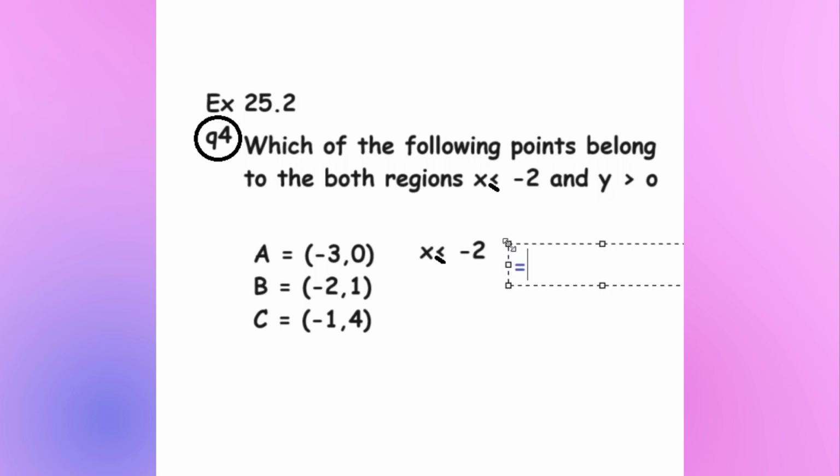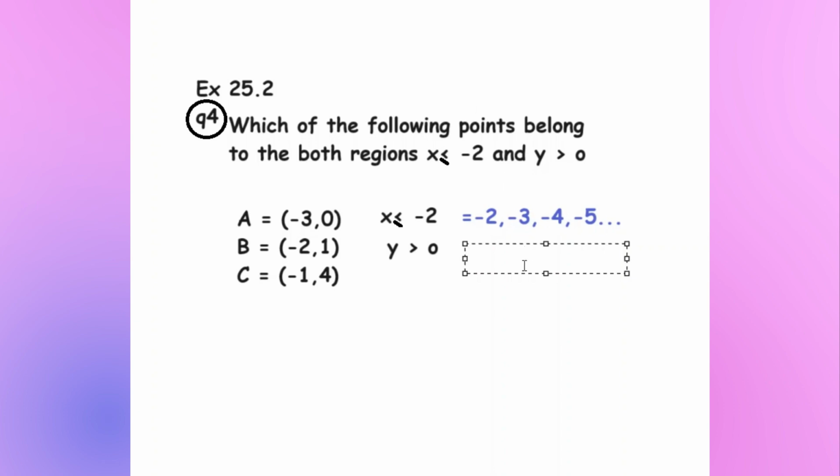So the values are minus 2, minus 3, minus 4, minus 5, like that.